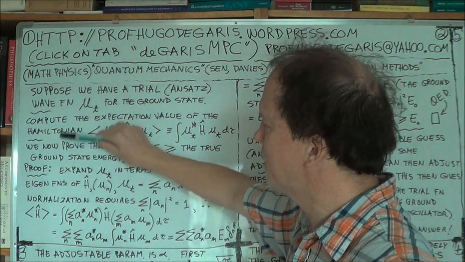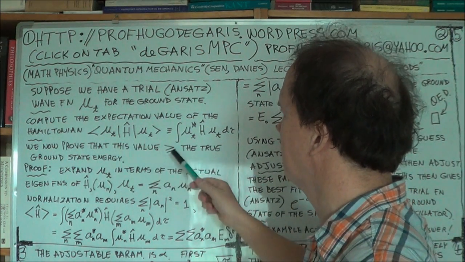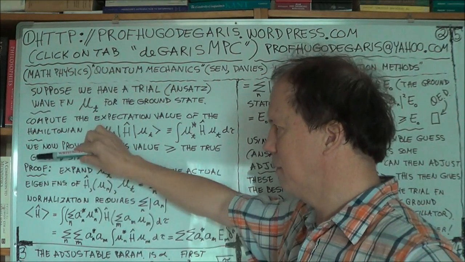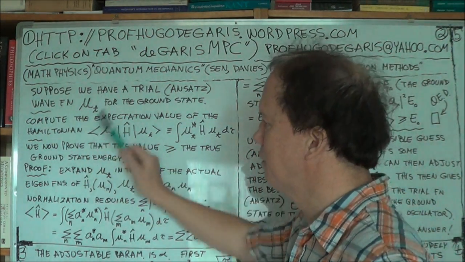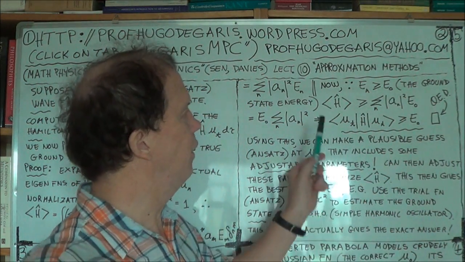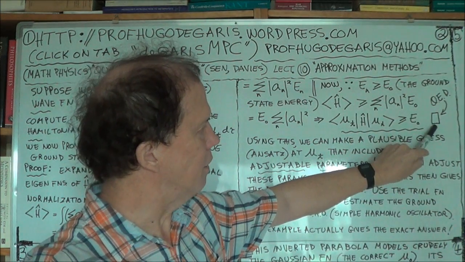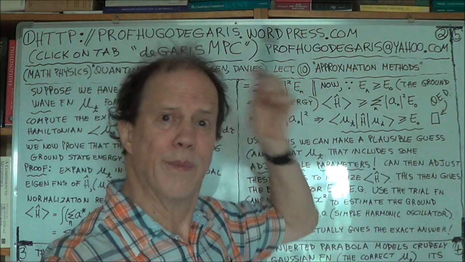So theorem statement: that this is greater or equal to E naught, the true ground state energy, followed by the proof of that statement. So proof, and at the end of the proof, an end of proof marker, an indicator, a signal saying, hey guys, this is the end of the proof.